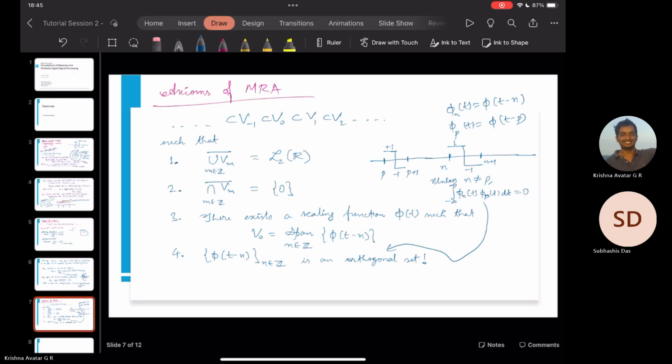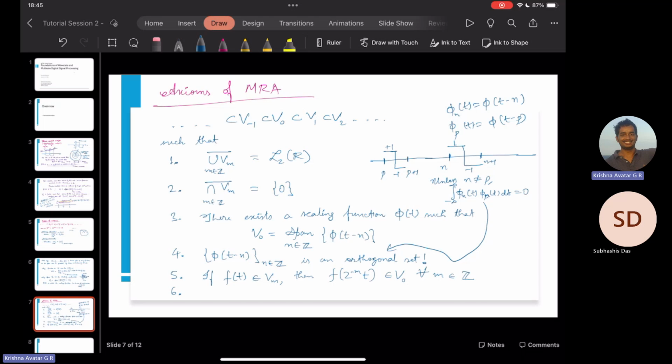Then the fifth axiom states that if f(t) is an element of Vm, then f of 2 to the power minus m t is an element of V0, for all m an element of the integers.